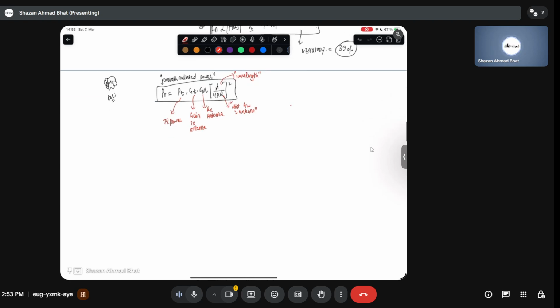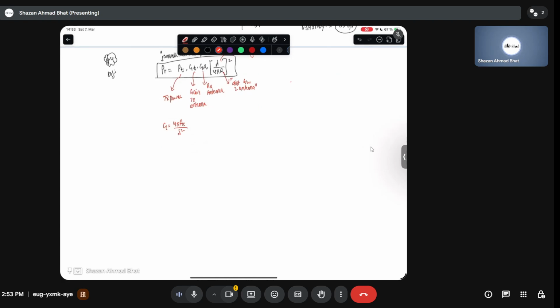You might have seen this formula a lot in week 7. I don't want to derive this formula from scratch. You might have also seen that there is a relationship between the gain and the effective area. You can write gain in terms of the effective area, which is 4 pi A_e divided by lambda square, where A_e is the effective area.